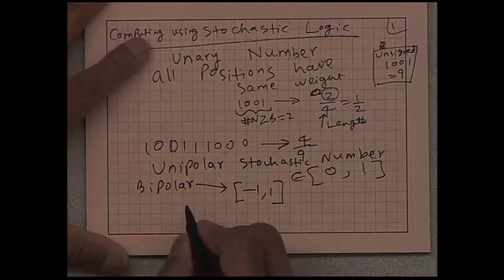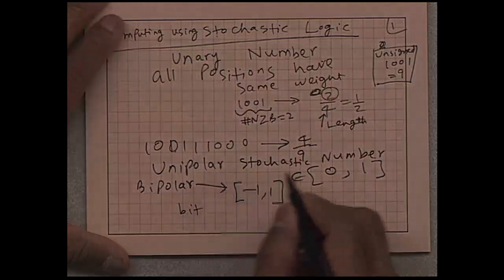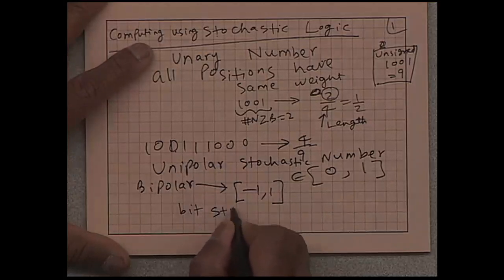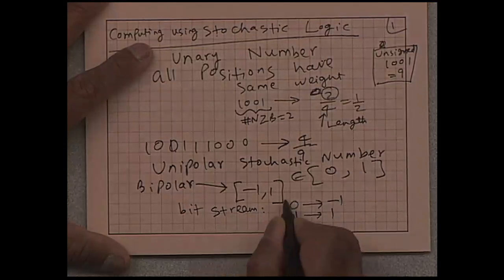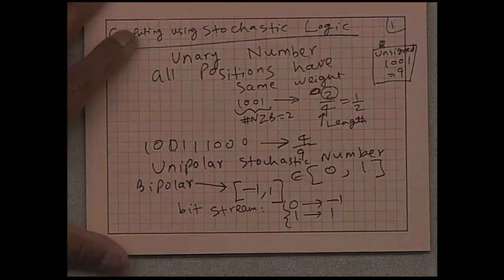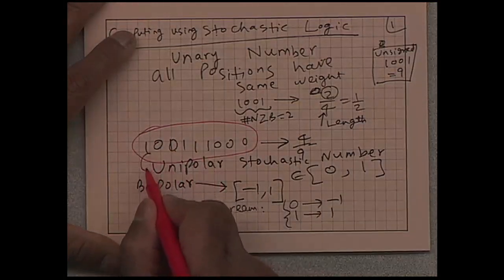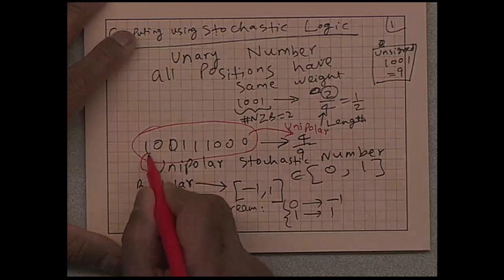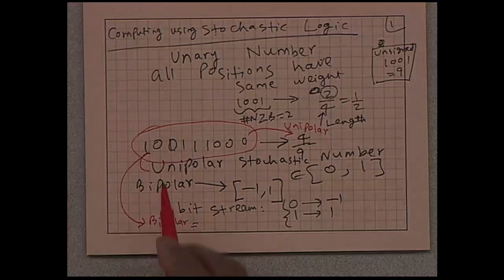In case of unipolar, 0 is 0, 1 is 1. In case of bipolar, if you take the unary bit stream, 0 means -1, 1 means 1. So what would this number be in bipolar? How many ones? 4 ones.